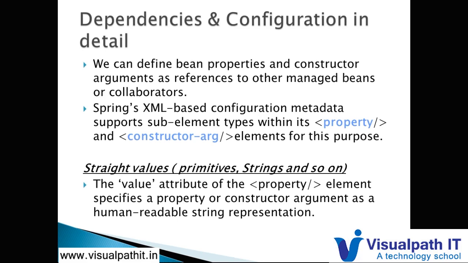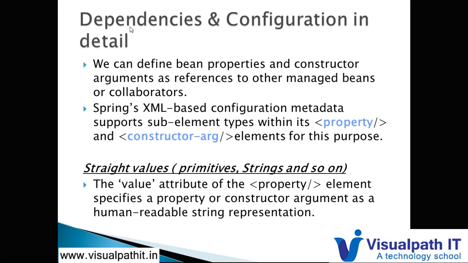So mainly the bean properties and the constructor arguments can be passed as references from one bean to another, which makes the collaboration happen. So Spring, which has the XML-based configuration data or configuration metadata, supports sub-element types within its property and constructor-arg elements for this particular purpose, that is for collaboration.